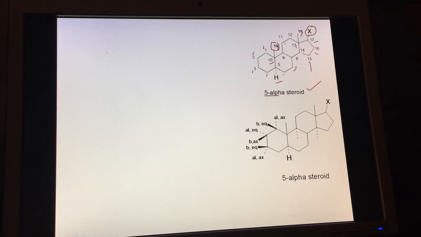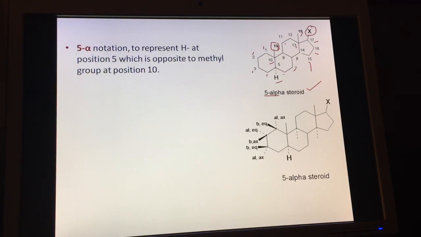The angular methyl group is above the plane of this steroidal ring system, and the hydrogen attached at the 5th position is below the plane, and such steroids are called 5 alpha steroids. On the contrary, 5 beta steroids will have hydrogen above the plane of the molecule. So this is one point, that the 5 alpha notation represents the hydrogen at position number 5 which is opposite to the methyl group at position number 10.